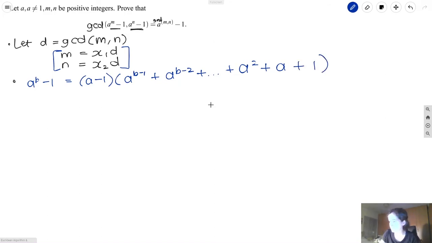So we're going to apply this, but we're going to apply it to a to the power of m minus 1. So a to the power of m minus 1 is equal to a to the power of x1 d minus 1, which we can once again rewrite as a to the power of d to the power of x1 minus 1.